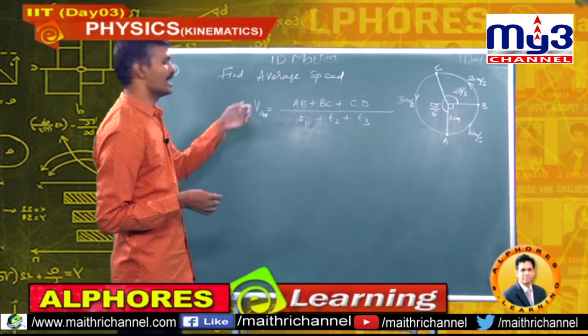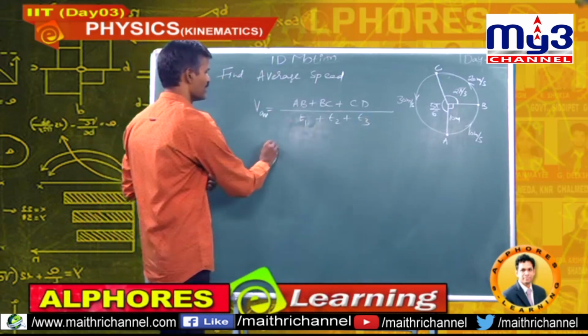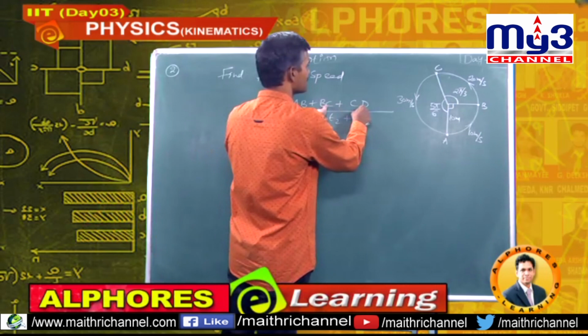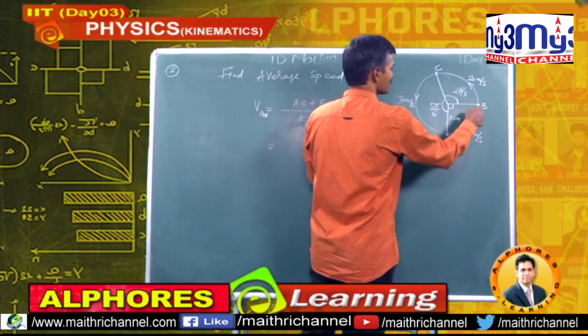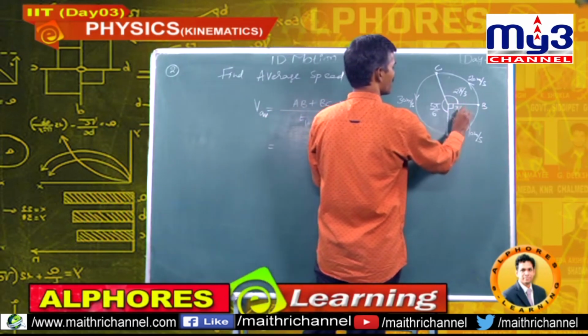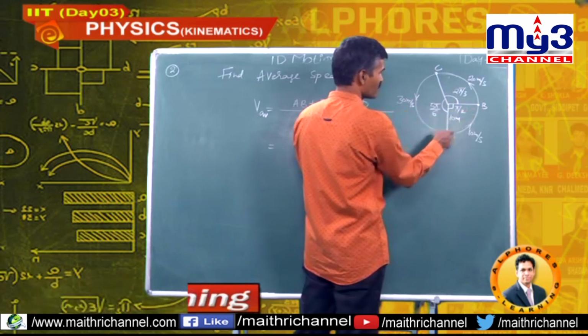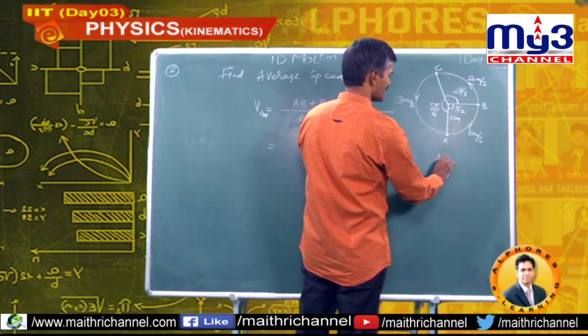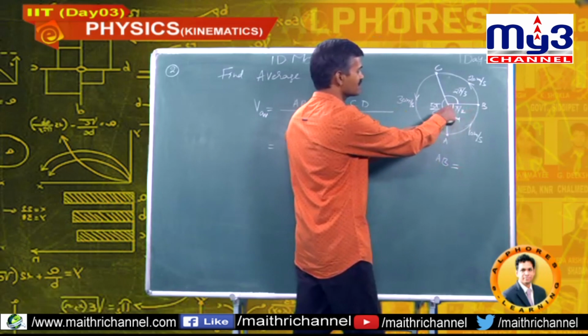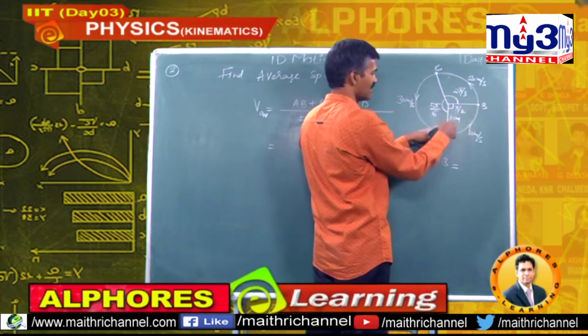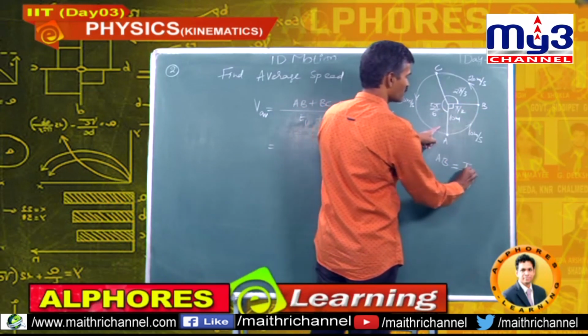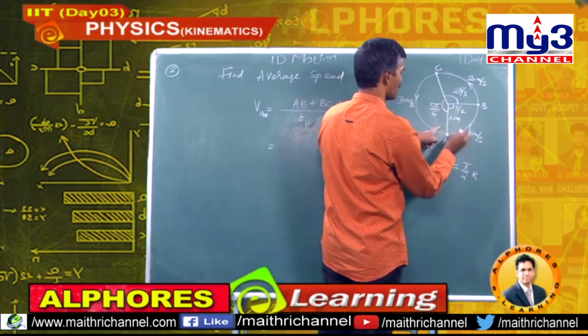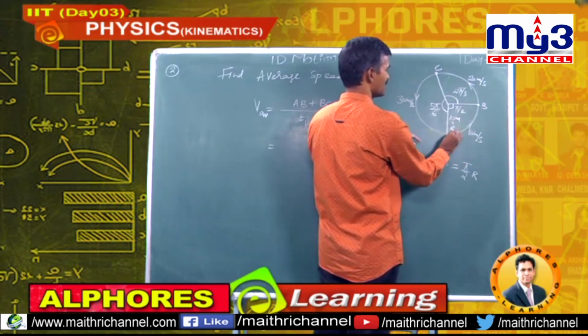This gives the average speed. So, AB plus BC plus CA. What is AB? This angle is pi by 2 in radians. So I can calculate AB using L equals r theta, that is pi by 2 into the radius r. This r is 10 meters, as given.